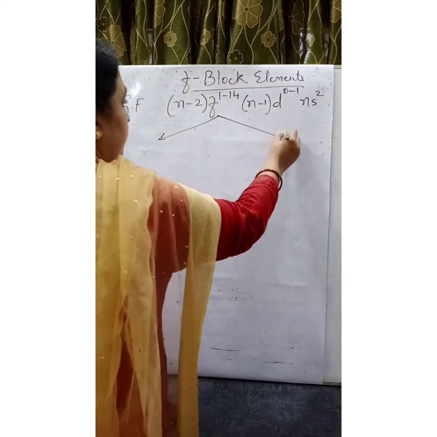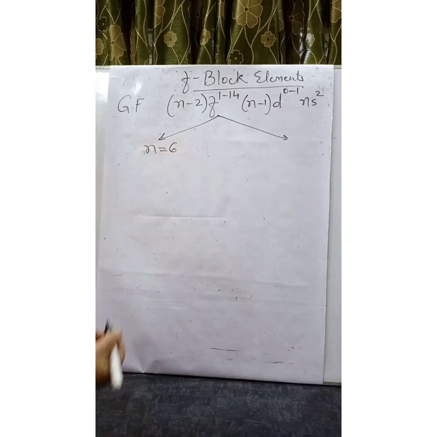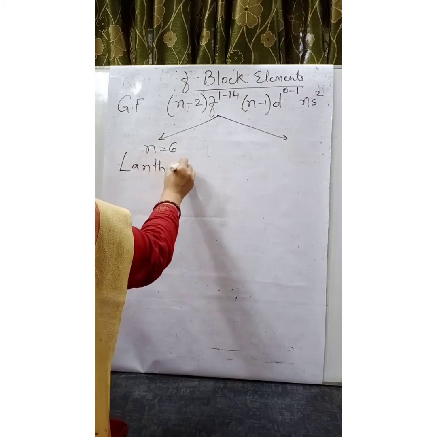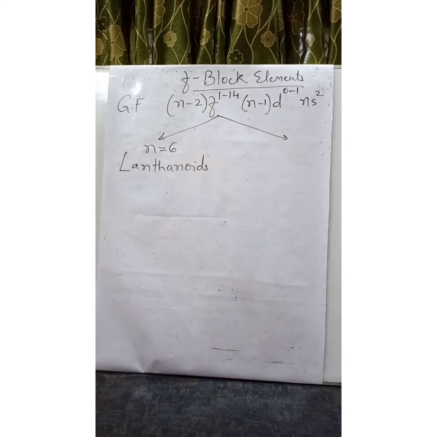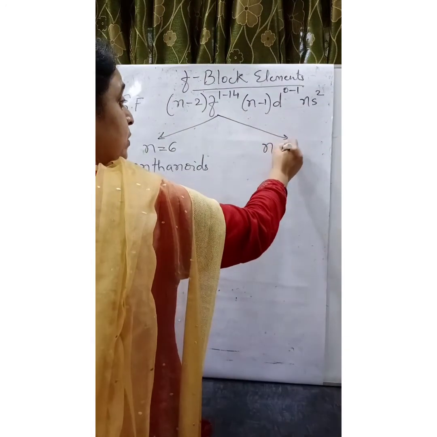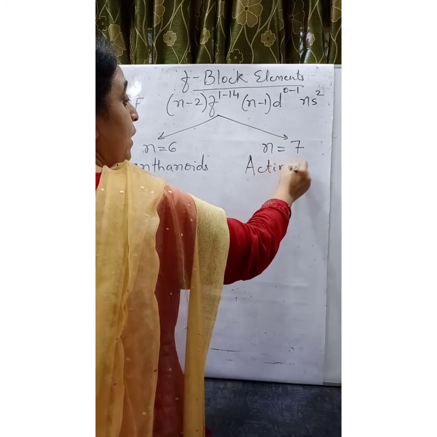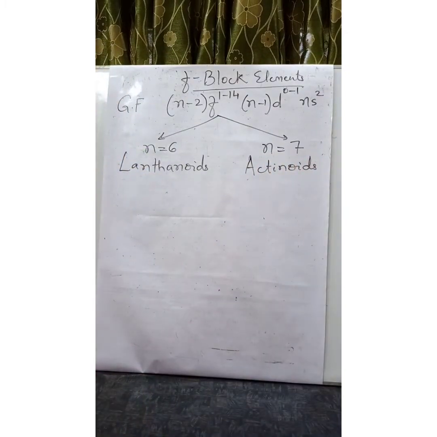Now if n is equal to 6, it is known as lanthanoids, or the lanthanoid series. When n is equal to 7, we call it actinoids or the actinide series.